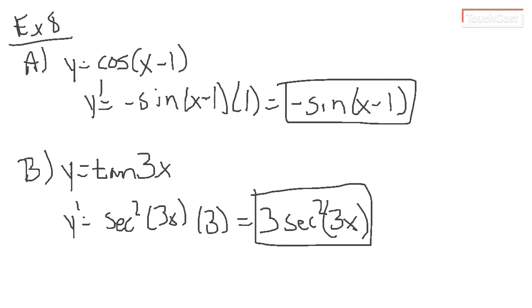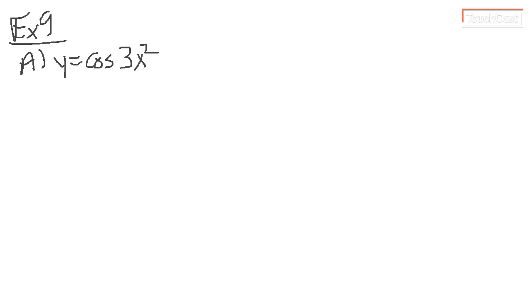Let's look at another example. We'll call this next one example 9. And our first one, we're going to have y equals cosine of 3x squared. So we're going to write y prime as, well, derivative of cosine is negative sine 3x squared.